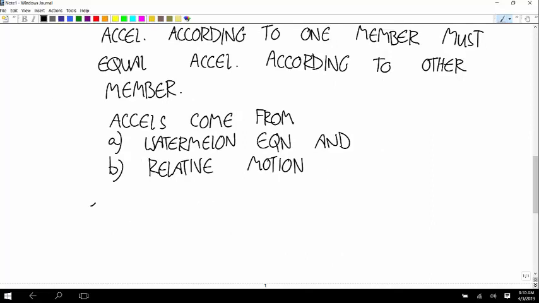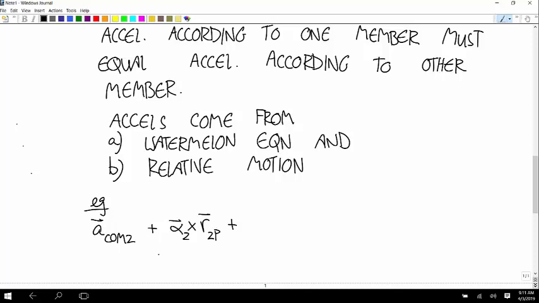So for example, you'd get an equation that says the acceleration of the center of mass of member 2 plus alpha 2 cross some r, let's say this is a joint P, say 2P.